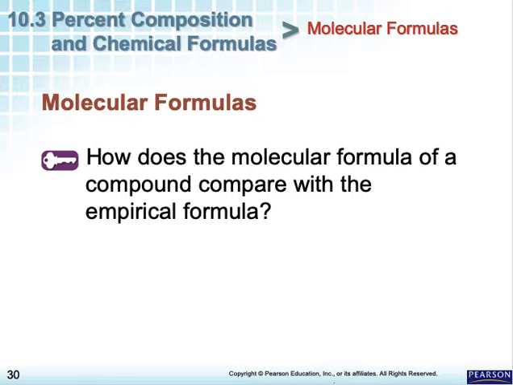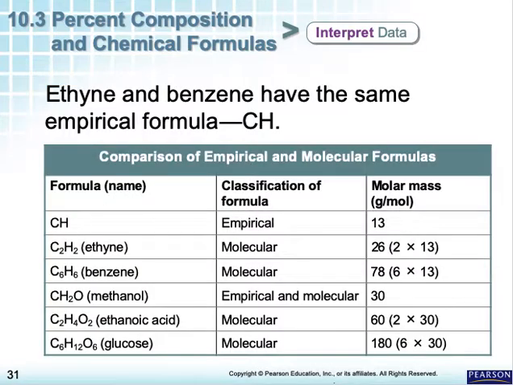So, how does the molecular formula of a compound compare to the empirical formula? Well, sometimes they're the same, and sometimes they're different. So, empirical formula would be something like CH, and it would be the same empirical formula for ethine and benzene. And methanol has a different empirical formula, but that is also its molecular formula.